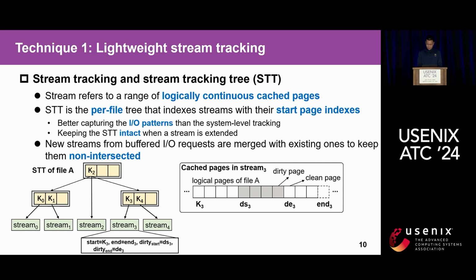A stream is called a dirty stream if it contains at least one dirty page, and the descriptor will record the index of dirty pages with a dirty interval. Lastly, each stream descriptor maintains an upper limit field, which records the start page index of its following stream. It is used for the intersection detection in the following technique.